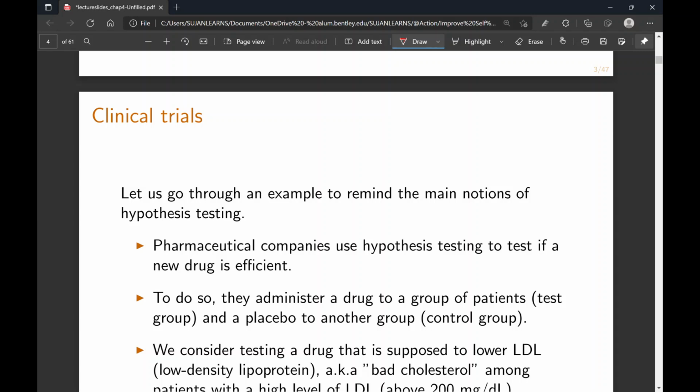So the company recruited a bunch of people and divided them into a control group and a test group. For the test group, they gave the medicine, and for the control group, they gave a placebo, and they used the control group as a benchmark to see whether their drug has some effect in lowering LDL.